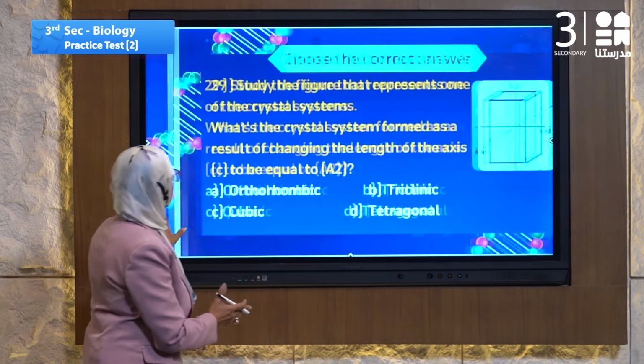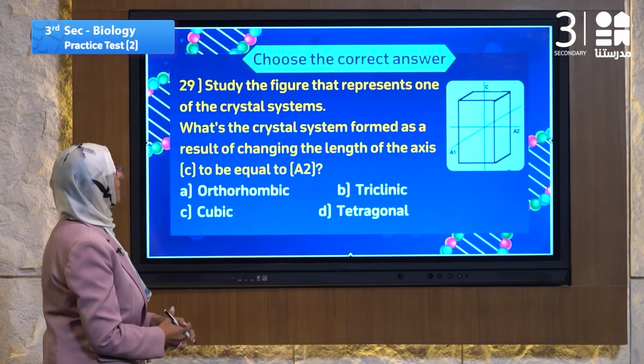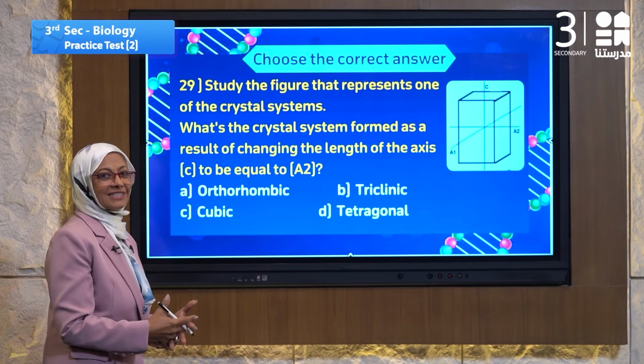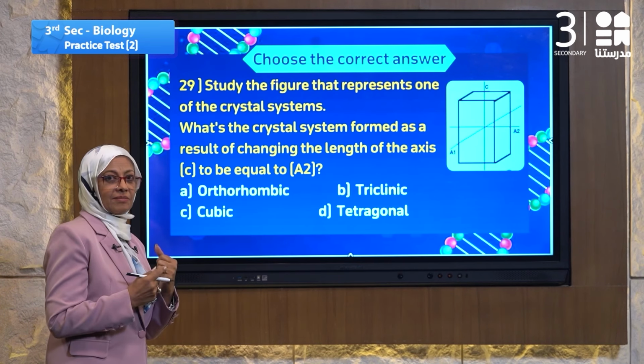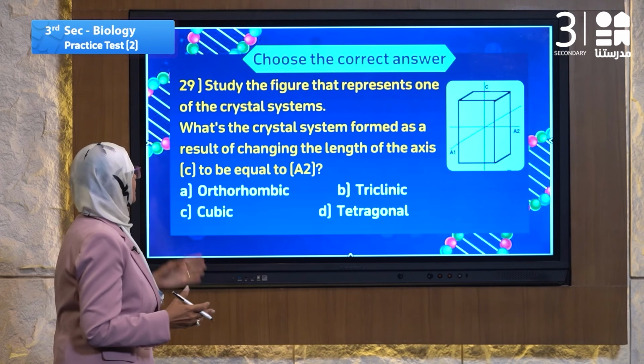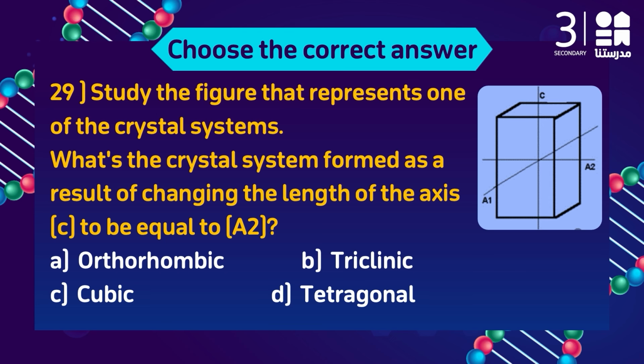Let's go to 29. Question 29 is about crystals. I like crystals. I like diamond, it's a crystal. Let's go. Study the figure that represents one of the crystal systems.